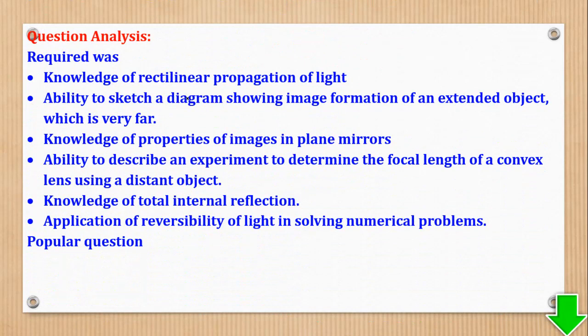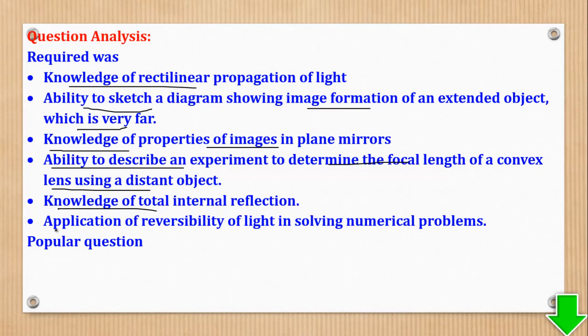So question analysis, this was the requirement. 1, knowledge of rectilinear propagation of light, ability to sketch a diagram showing formation of an extended object which is very far, knowledge of properties of images in plane mirrors, ability to describe an experiment to determine the focal length of convex lens using a distant object, knowledge of total internal reflection, and application of reversibility of light in solving numerical problems.